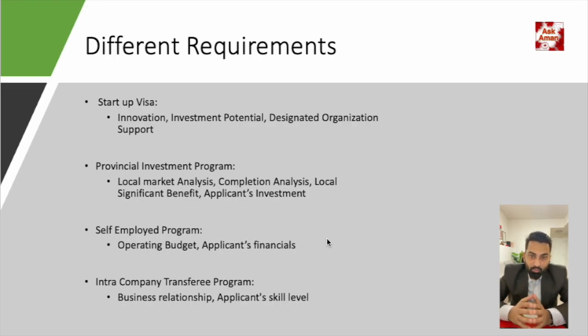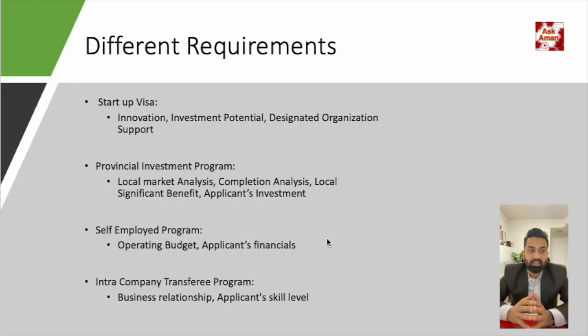If you are able to satisfy the immigration officer that you are going to hire, say, 4, 5, 6 or X number of people in that local community, jobs which did not exist before and will only exist because your business is in that local community, that is how you satisfy the immigration officer of the local significant benefit.